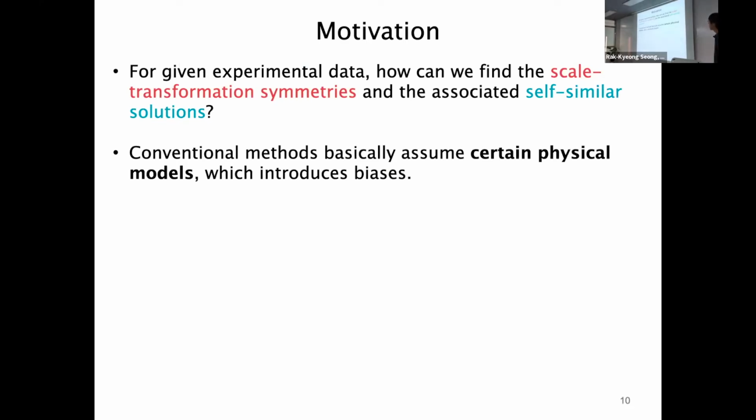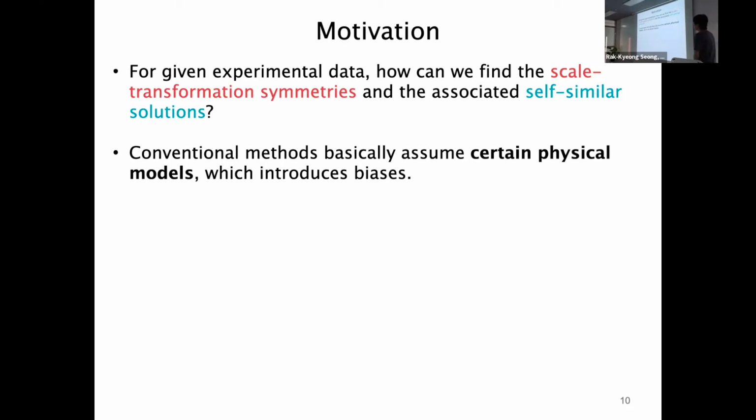So the motivation of the present talk is as follows. For given experimental data, how can we find the scale transformation symmetries that are non-trivial and the associated self-similar solutions?